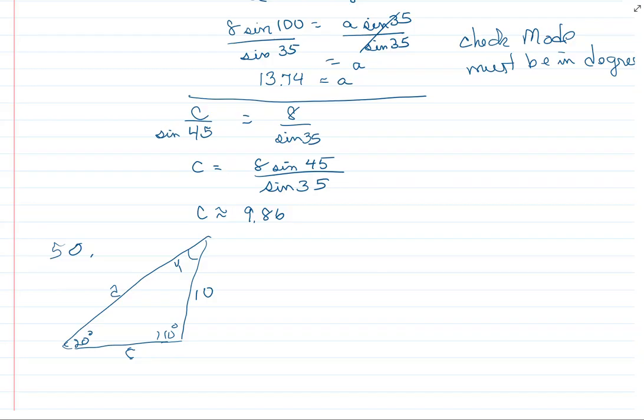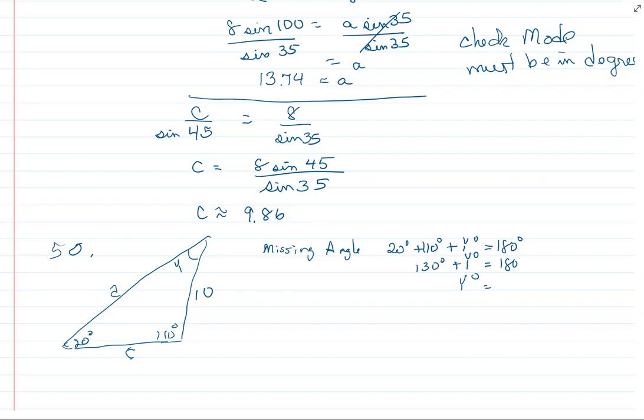Okay, we're going to first calculate the missing angle. That means I'm going to have the 20 degrees plus the 110 degrees plus my Y degree has to equal 180 degrees. This is 130 degrees plus the Y degree has to equal 180. I subtract, so what is my Y degree? It looks like 50.